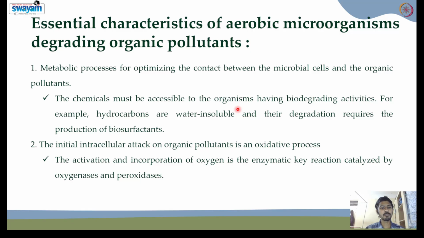So the first and most important point to remember is the accessibility or contact between the microbial cells and the organic pollutant. The organic compound must be easily accessible to the organism that has the biodegrading capability.